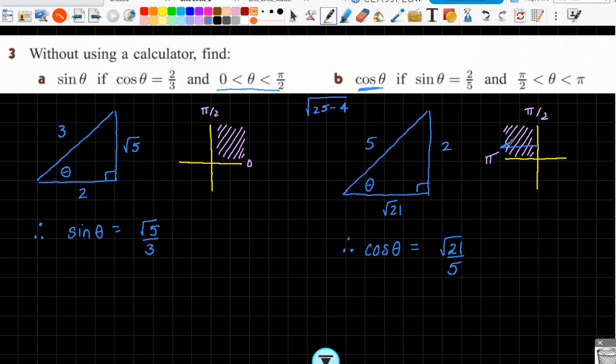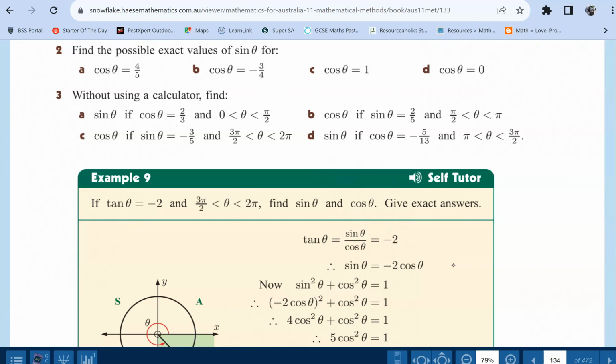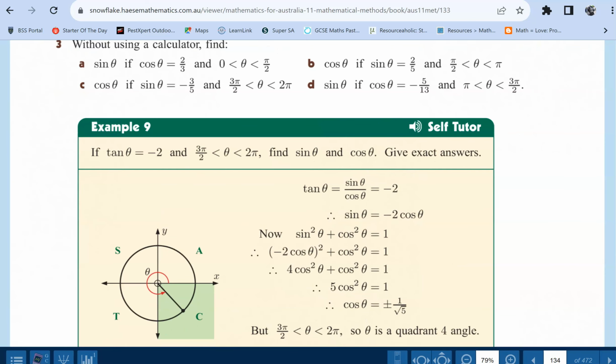So in this quadrant, it can only be negative. So you cannot put positive or negative. You cannot just put positive. You've got to make sure that it's negative root 21 on 5. Close enough is not good enough. Okay, so hopefully you're okay with that and you can progress.